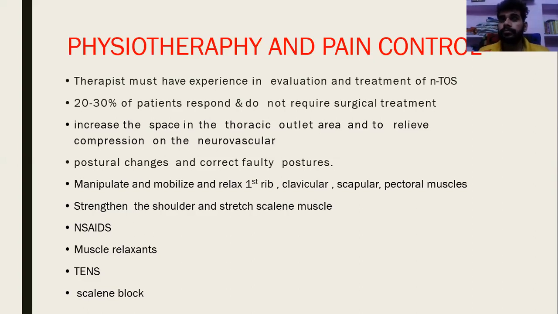Now the normal protocol is to manipulate the first rib, clavicle, and scapula, and mobilize the pectoralis muscle. Then strengthen the shoulder and stretch the scalene muscle. It all depends on the physiotherapist and which type of treatment they use for a TOS patient.